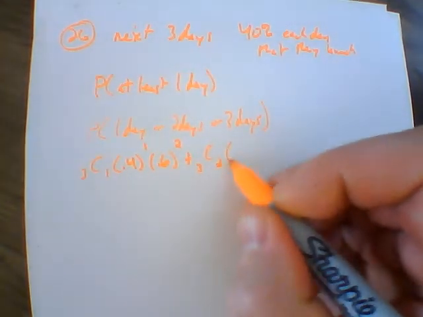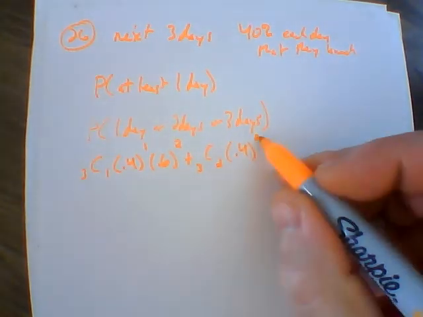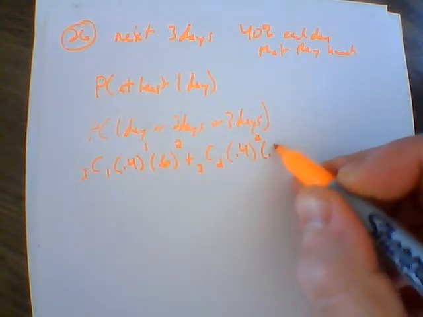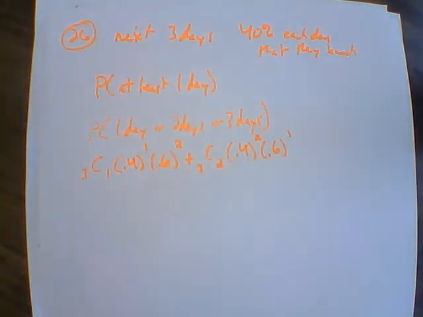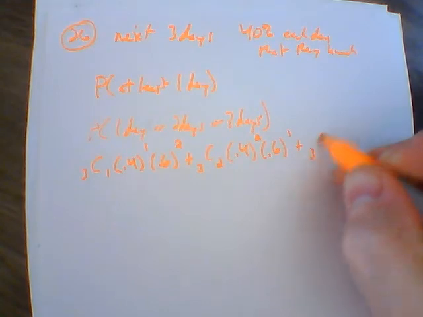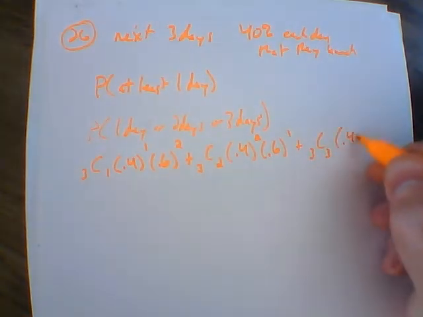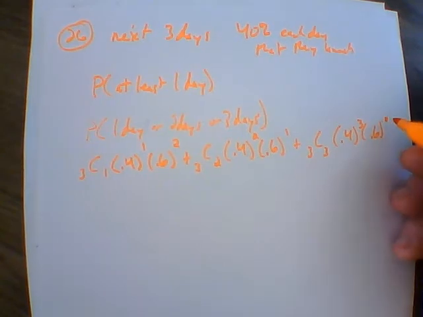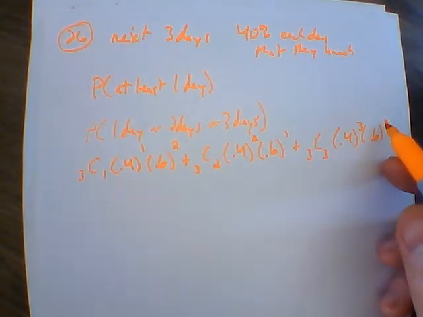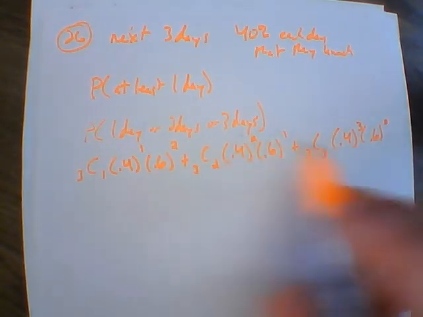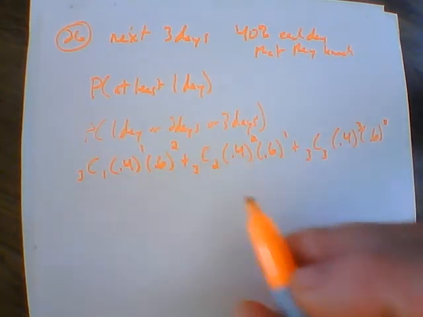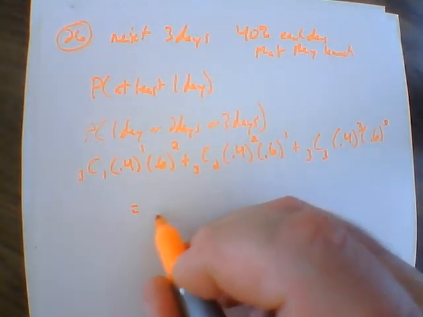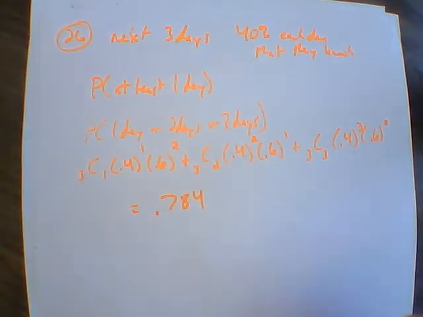Once again, 40% chance that 2 of these days would be suitable, 60% that 1 would not be suitable. And then 3 combination 3, we'd have 0.4 cubed, and then 0.6 to the 0 power. If we do all our conversions out and add all this together, we get 0.784.